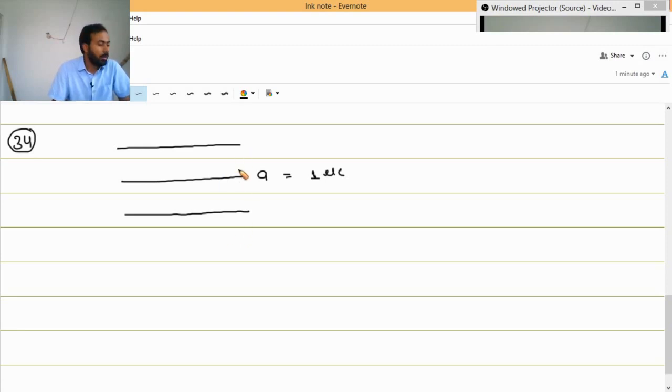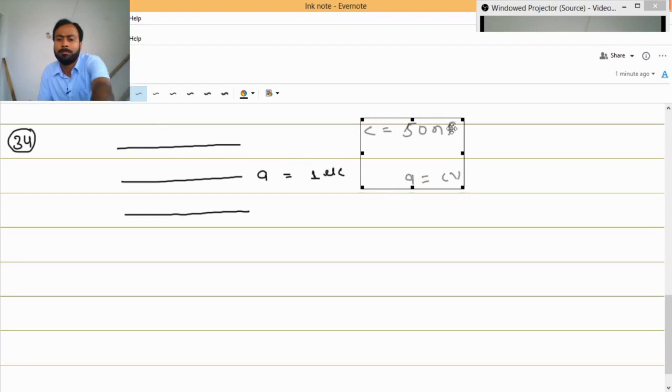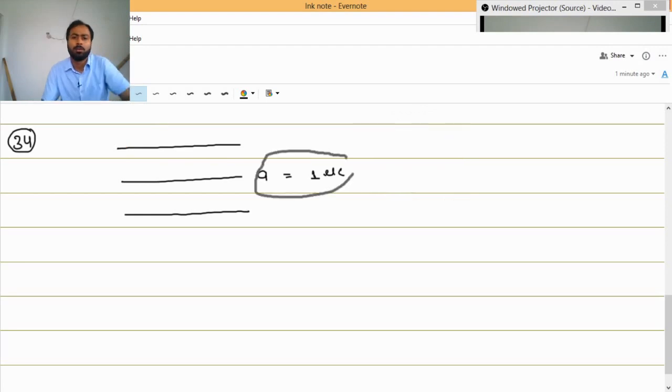Since the capacitance between these two plates is given, that is 50 nanofarad, once we decide the charge between these two plates, we can evaluate with the help of Q equals C into V the potential difference between these two plates. So this is just the roadmap. Now we will take one by one.